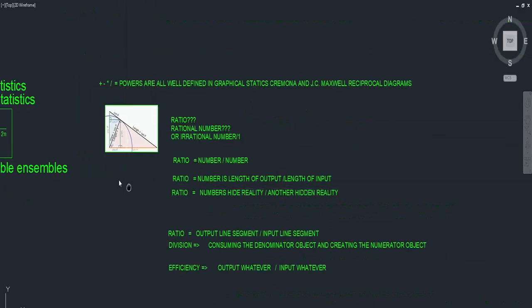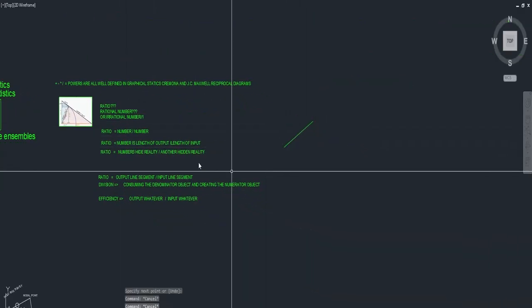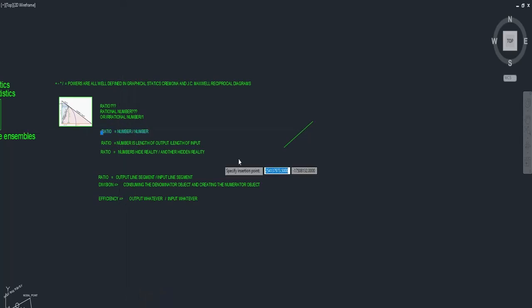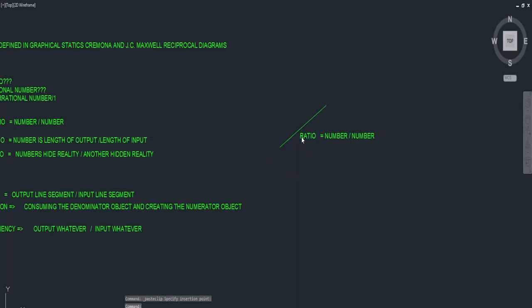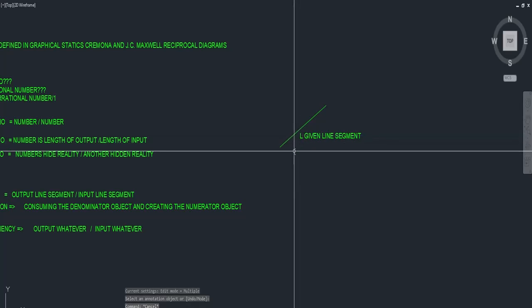In that way, we can think that any line segment L that is given to us is consumed as hypotenuse and generates the base line segment or perpendicular line segment, as cos and sine are two different animals.